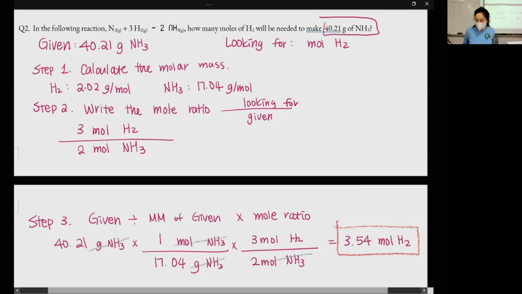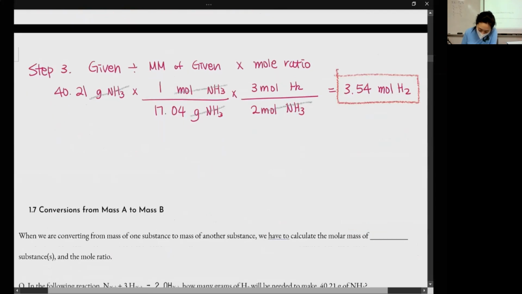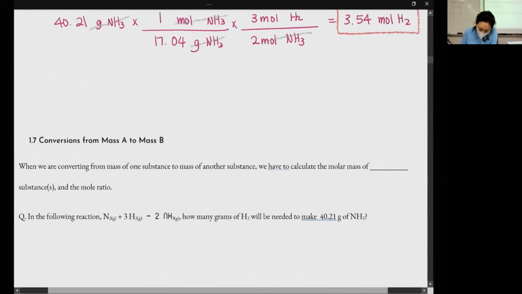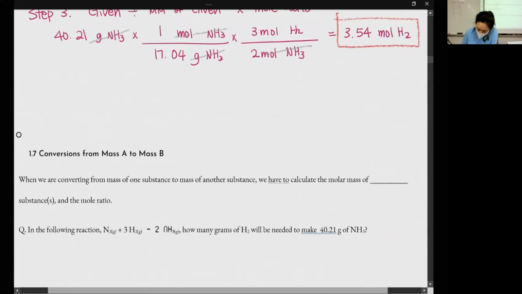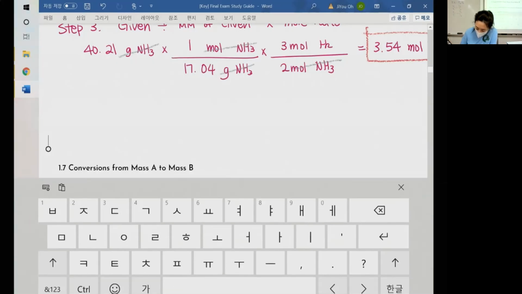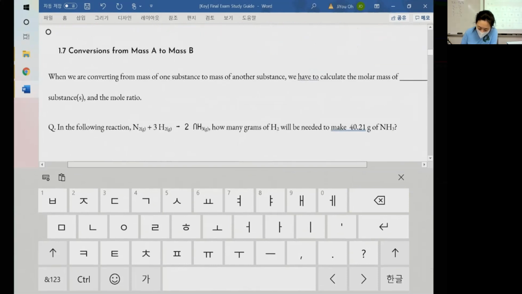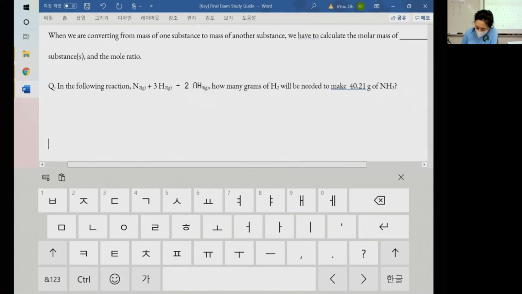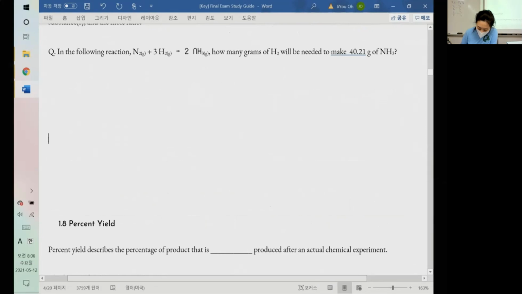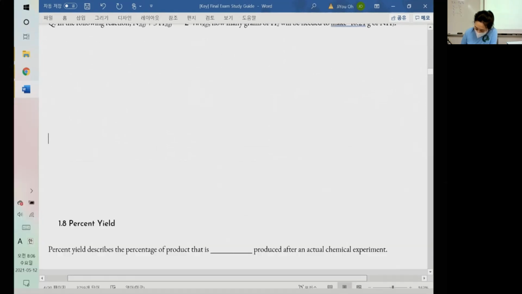All right. I know it's long, but we need to continue. All right, so the last thing that we have left for the first part of unit 1 is conversion from mass A to mass B. This one is going to be a little bit longer than the previous one, but we can do it.